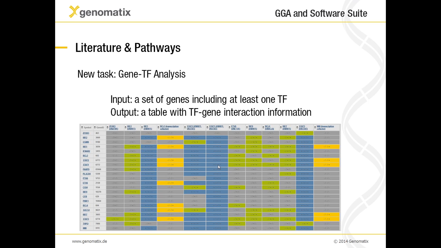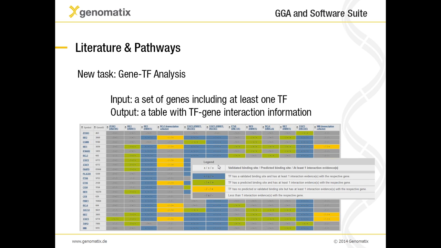You get information about interaction based on co-citation, just as you get in the Genomatix Pathway System, and also based on additional information about binding site information. If we don't have any co-citation information, you just get a gray box here.